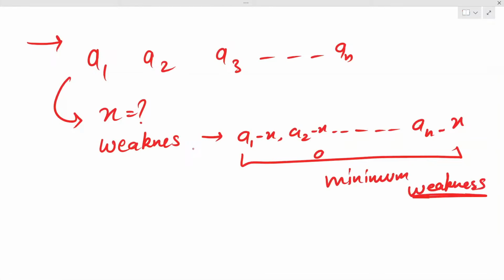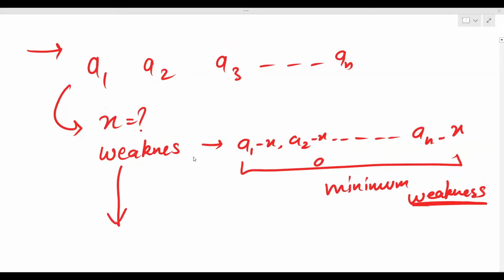Now, what is weakness? Weakness is defined as the maximum value of the poorness over all the segments.